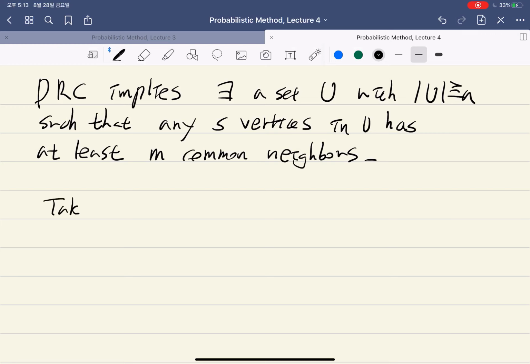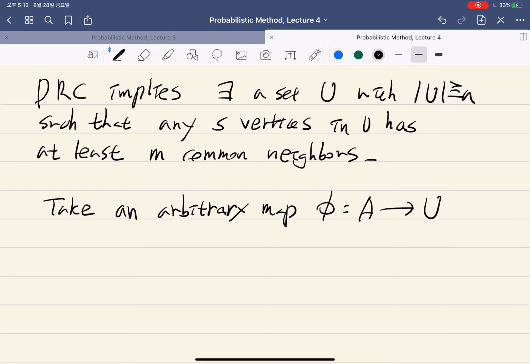So now we are ready to actually find a copy of H in G. In other words, we want to embed the vertices in H into G one by one, so that the adjacencies are preserved. Take an arbitrary map pi from A to U, and let B be the vertices, say y1 to yb.